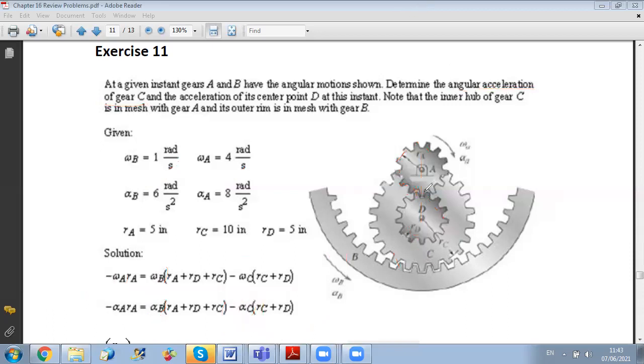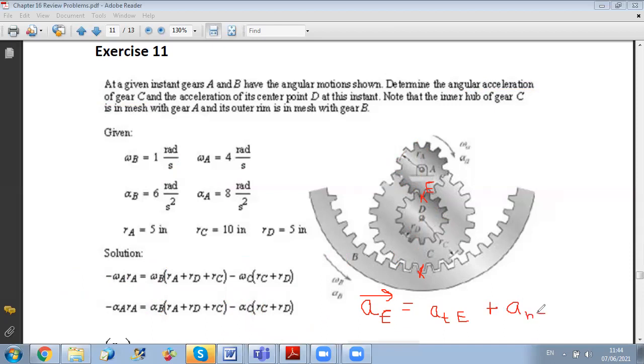And if you take the same points E and F, if you want to write the acceleration of E as a point of gear C, it will be as follows. Acceleration of E can be decomposed into tangential acceleration and normal acceleration.